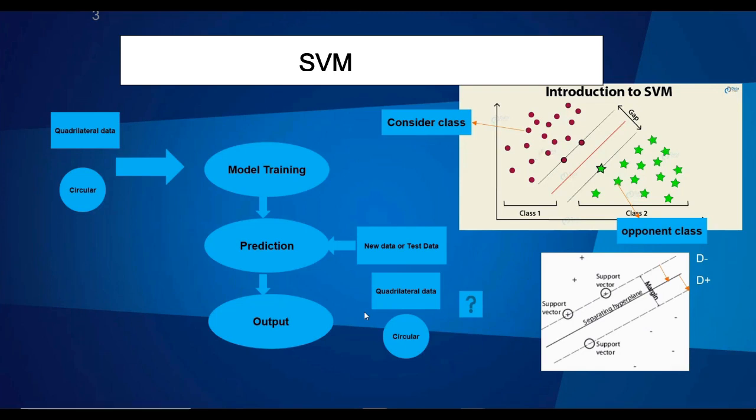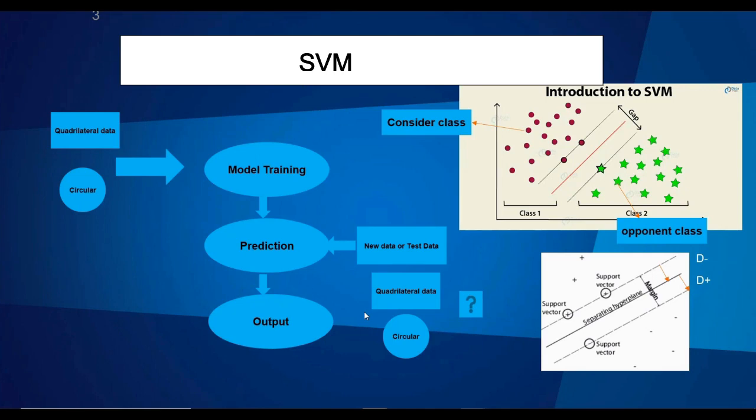But if there are some boxes, and surrounding them some circular boxes, how will we separate them with a single line? That is not possible. So in that case, we follow the non-linear SVM technique, and we have to follow some other method.